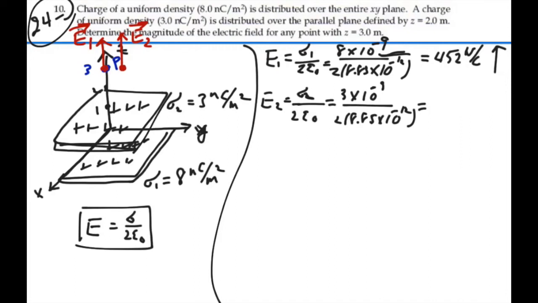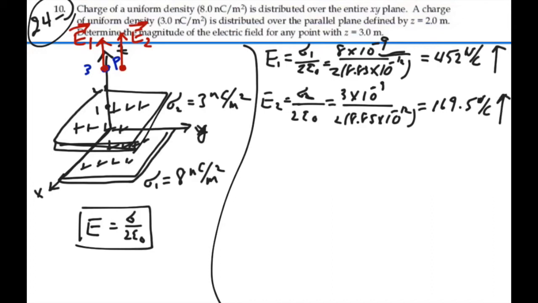And what is that? Should be 1/3 of the other one. 169.5. Or I'm sorry, 3/8 of the other one. Newtons per coulomb, also in the positive z direction.